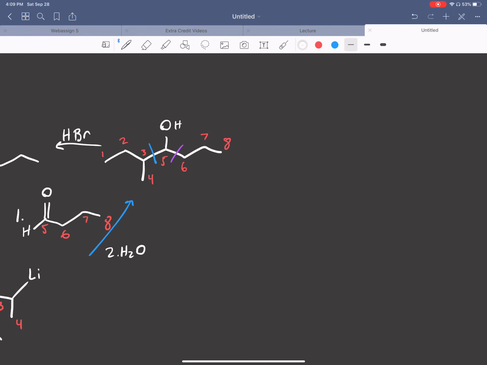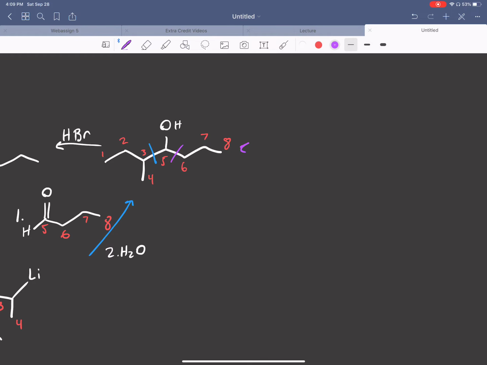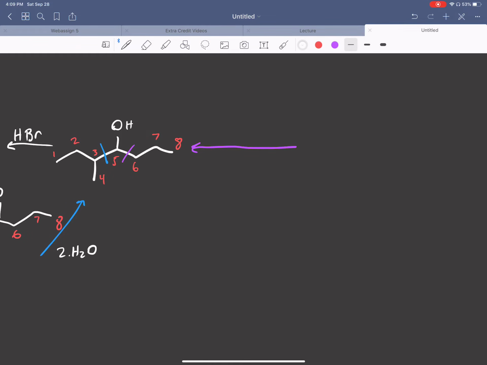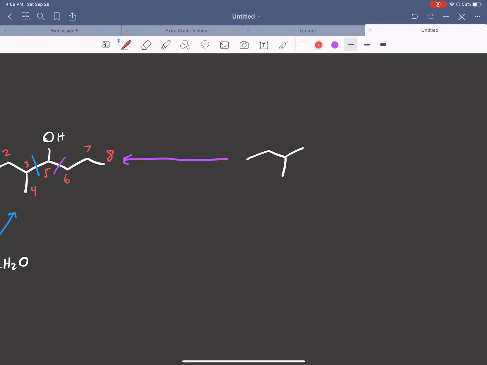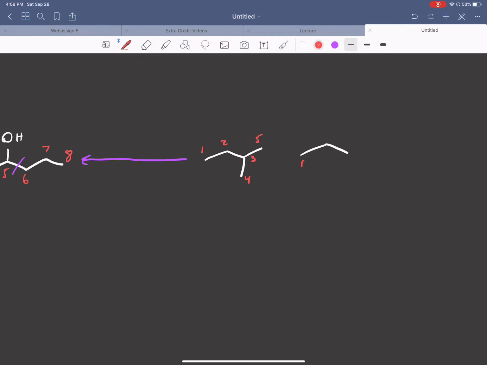Let's see if I wanted to do the purple cut. Okay, so I'm gonna go like this. And so let's draw the carbons first. Number it always first. 1, 2, 3, 4, 5, 6, 7, 8.